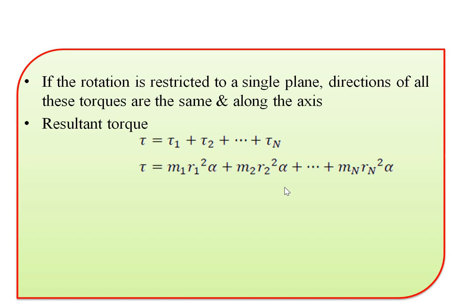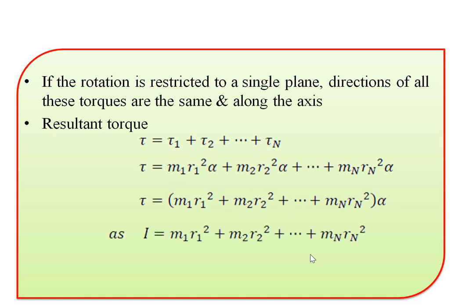Simplifying, tau is equal to, in the bracket, m1 r1 square plus m2 r2 square up to mn rn square, outside the bracket, alpha. Here also we know that the moment of inertia I is equal to m1 r1 square plus m2 r2 square up to mn rn square. So we get the relation in simplified form: tau is equal to I into alpha. This is the expression for torque in terms of the moment of inertia.